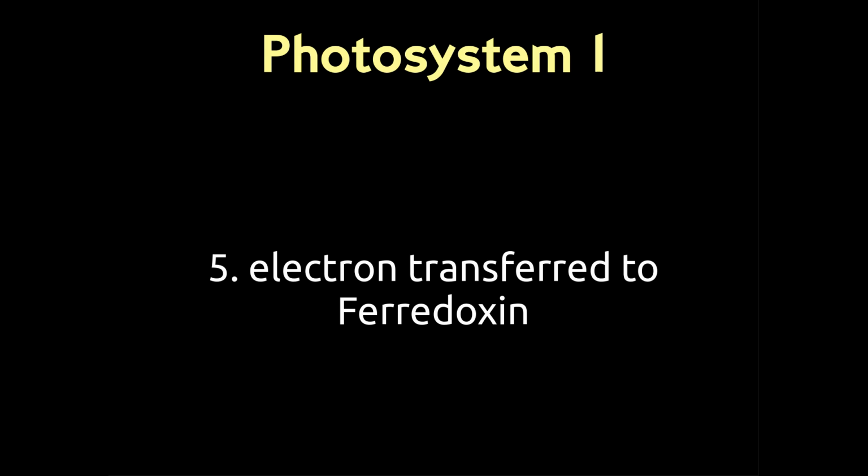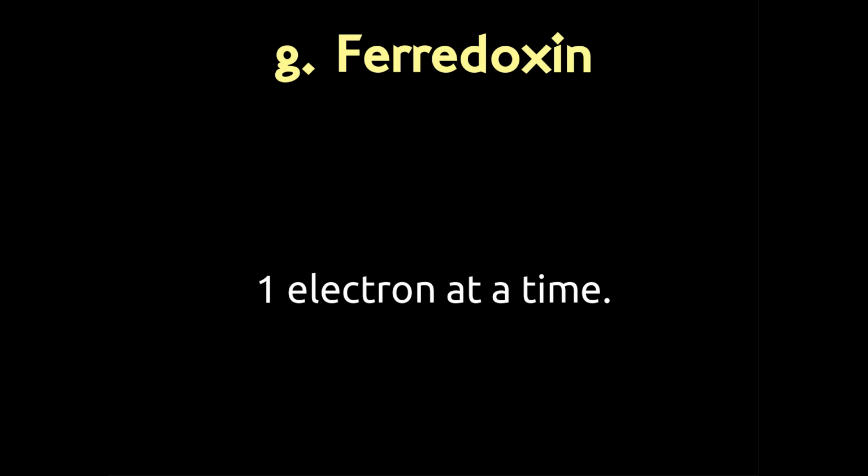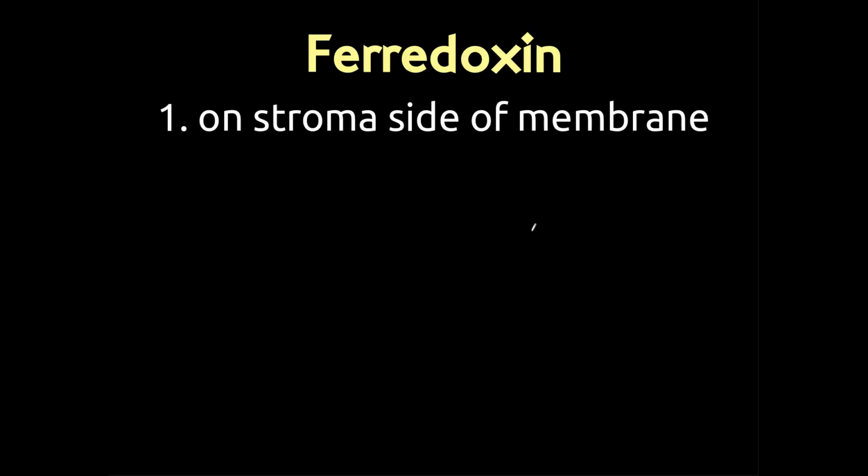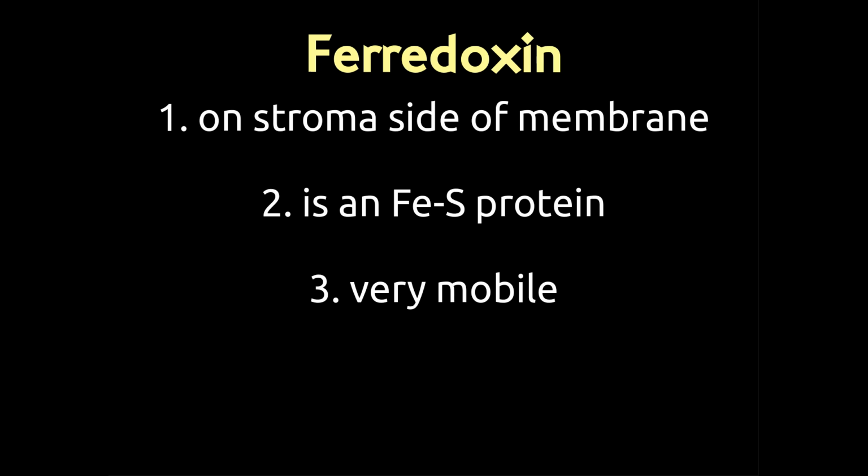Okay, so let's talk a little bit about ferredoxin. Ferredoxin takes one electron at a time and passes it on to the NADP plus reductase, which is sitting right here. Ferredoxin is on the stromal side of the thylakoid membrane and is an iron-sulfur protein.